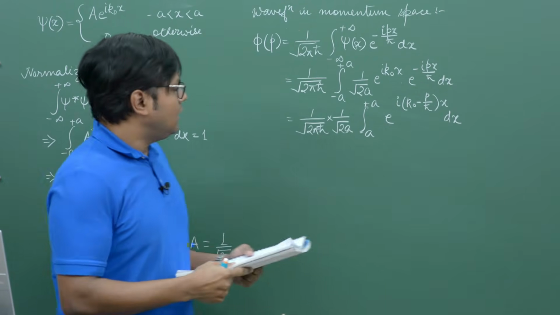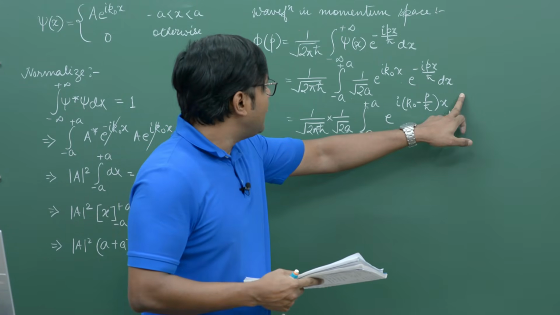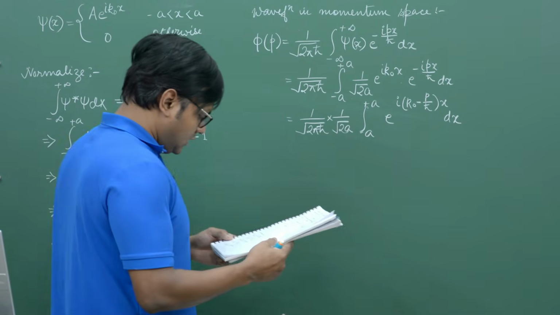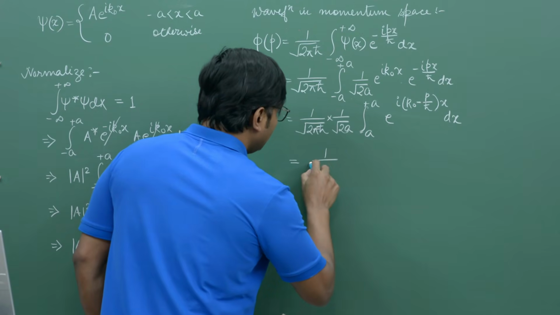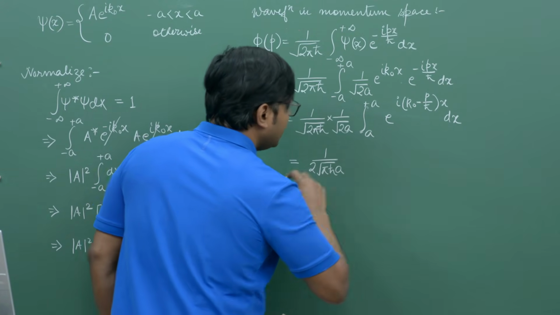So this is just integration with respect to x, where k0 is a constant and p is related to k0. So I can simply do a standard sort of result. I can show that this is equal to 1 upon 2 root over pi h cross a.